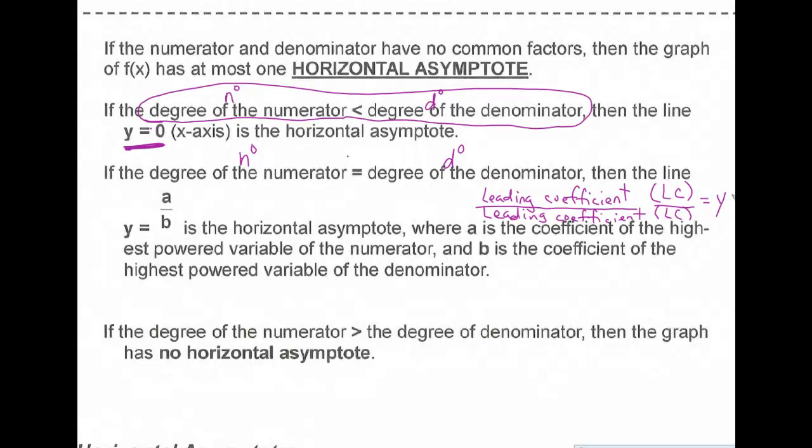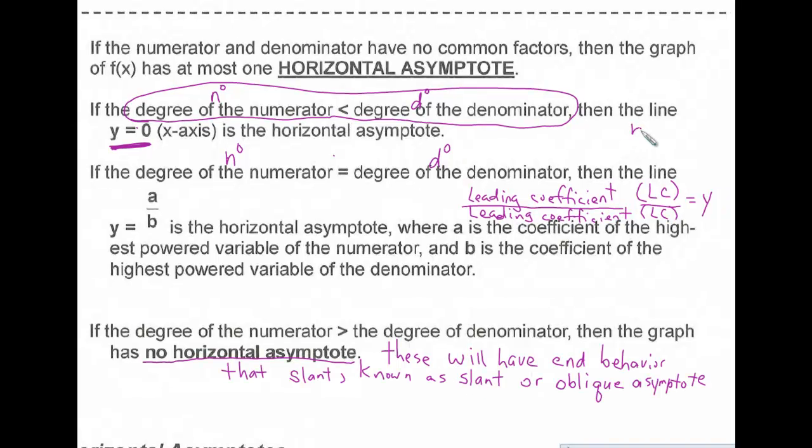If the degree of the numerator is greater than the degree of the denominator, then the graph has no horizontal asymptote. These will have end behavior that slants, known as a slant or oblique asymptote. So if the degree of the numerator is less than the degree of the denominator, y is equal to 0.